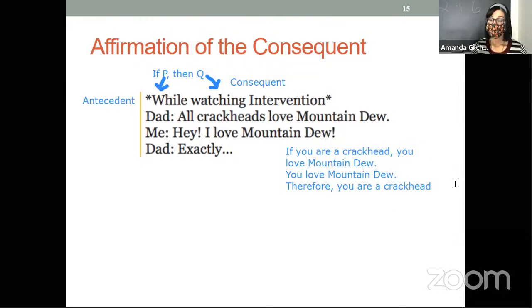So, is this a valid argument? It's actually not. This is not a valid argument, and here's why. If we are assuming that all crackheads love Mountain Dew, if you love Mountain Dew, so we're affirming the consequent, does it necessarily follow that you are a crackhead?